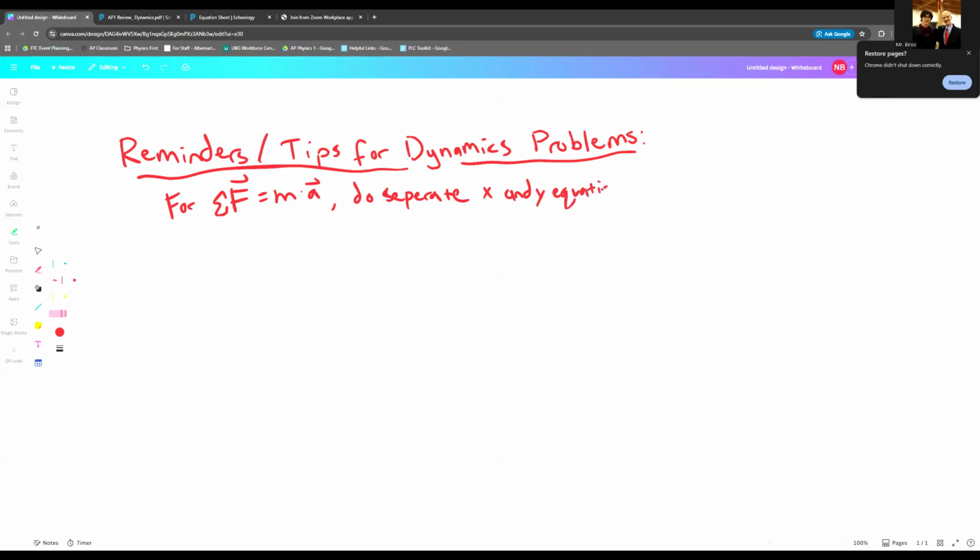So your sum of forces in the x direction should not include vertical forces. Your sum of forces in the y direction vertically should not include horizontal forces. Do those separately.